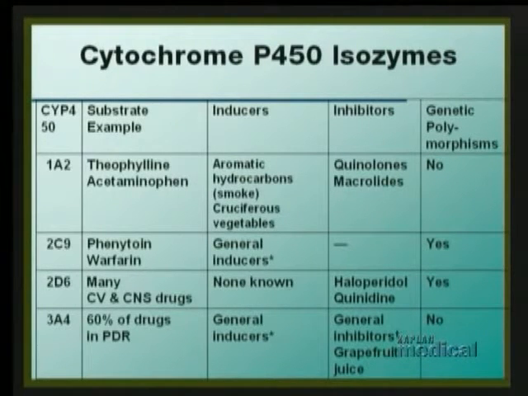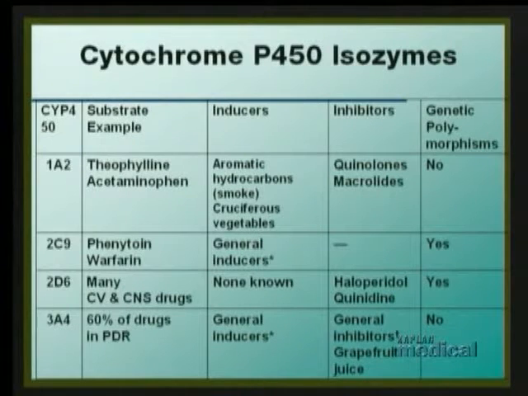Here it's not inhibition you're going to worry about. What you're going to worry about is induction. Any situation that could induce acetaminophen's metabolism could result in a buildup of that free radical and severe liver failure. Inducers here are cruciferous vegetables and smoke, and those really are unlikely to be seen in very large amounts.